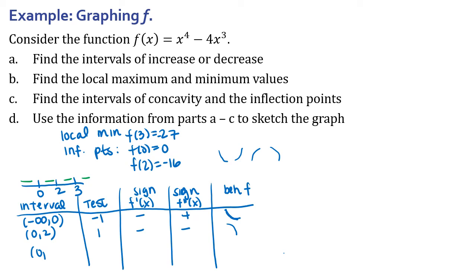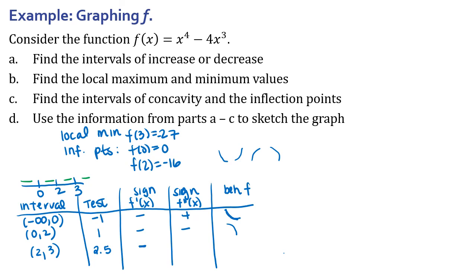And then from 2 to 3. A point that we can use there, let's use something like 2.5. If we were looking at that first derivative, we found that on that interval this was decreasing.